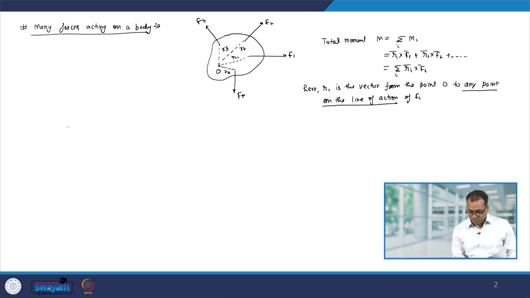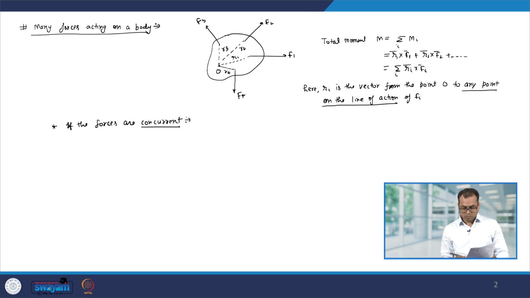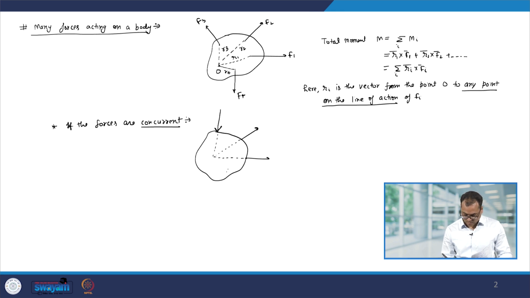Now, let us look at a situation where the forces are concurrent. We already know the definition of concurrent forces. That means that all the forces pass through a common point. So, again let us say I have a rigid body and all the forces pass through a common point, let us say this point.